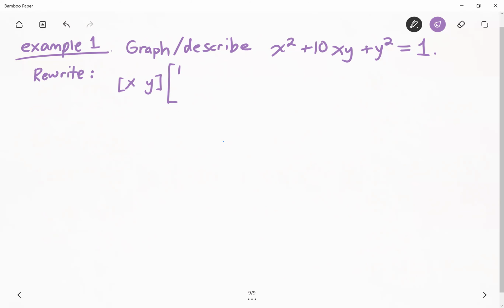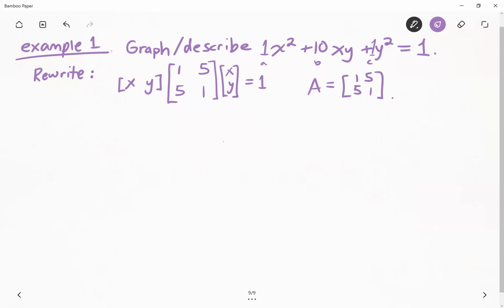Remember, this is A and B and C here. So I have 1, 10 divided by 2 is 5, 5, C is 1, times xy is equal to 1. And so this is our quadratic form. And A is the symmetric matrix 1, 5, 5, 1.